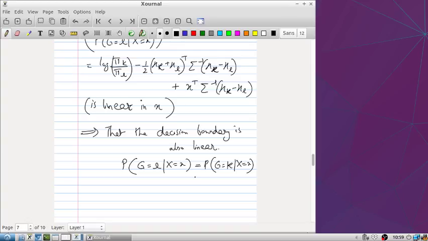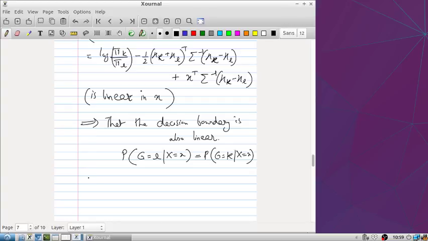But what is the classifier itself? How am I going to classify? It's going to be based on what are called discriminant functions: I'm going to take the argmax over l equal to 1 to capital K of the discriminant functions. What are discriminant functions?